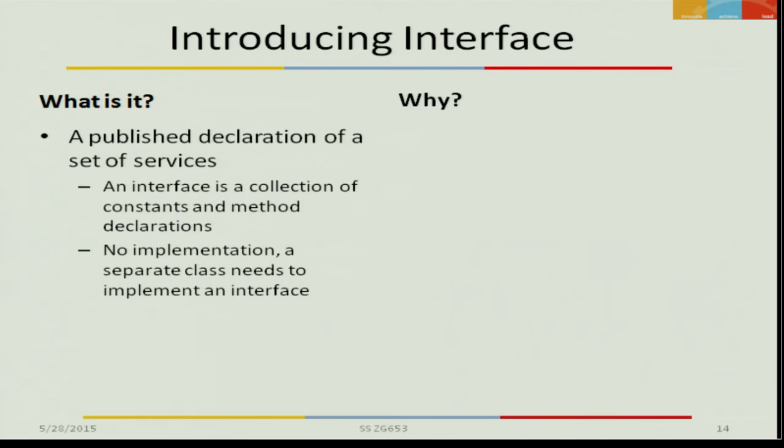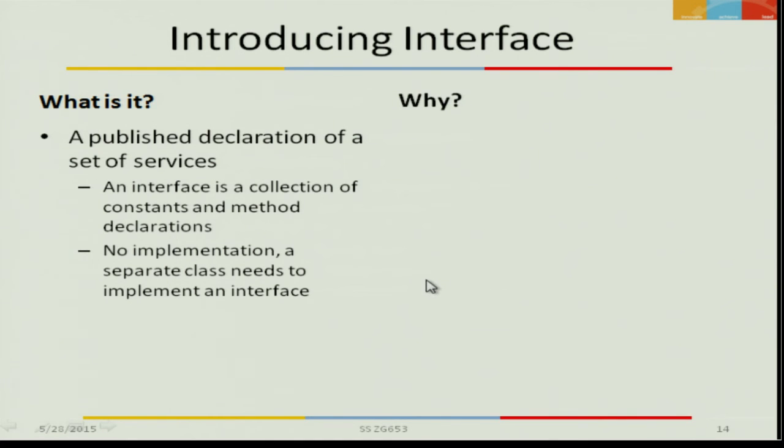And the important thing is that an interface does not really provide implementation. It is a technique by which it separates the method declaration from the method implementation. So one needs to have a separate class to implement an interface.